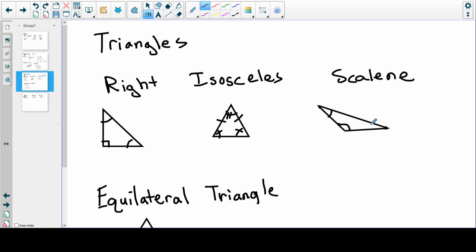So these two are acute in this example. But you'll have a mixture of acute and obtuse angles with a scalene triangle, and it has no related properties. So all these legs are different, and the angles are likewise different.